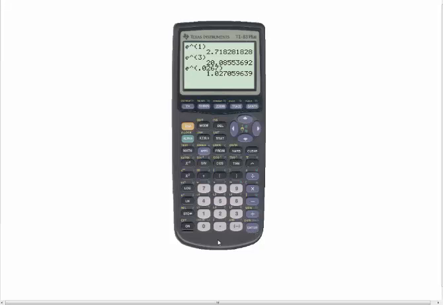So we'll see equations where we're solving using e. So for example, let's say I invest $10,000 at 4.5% continuously compounded interest.